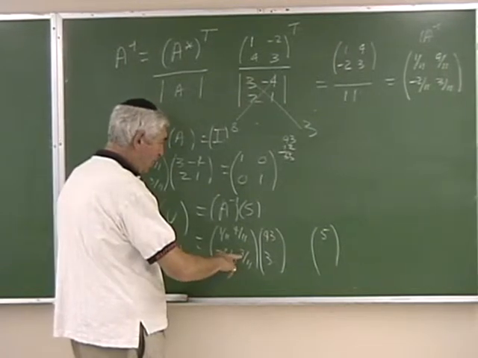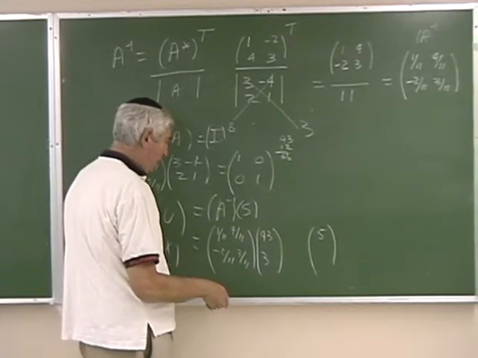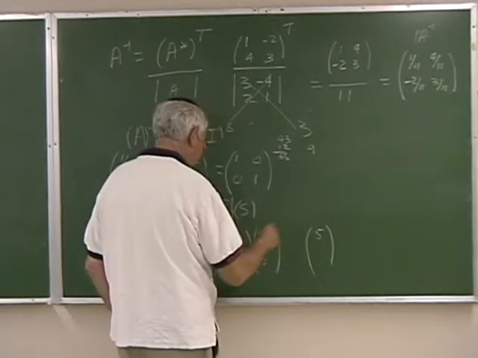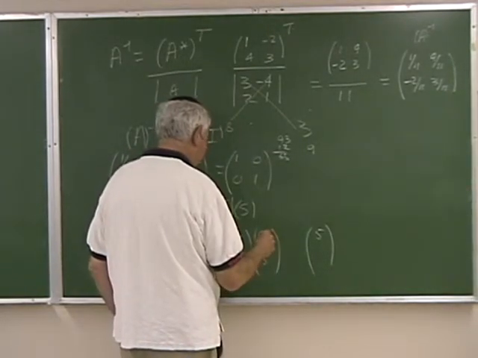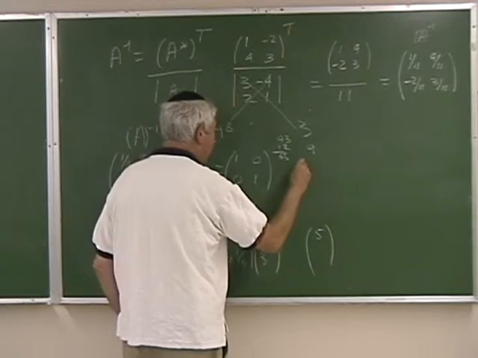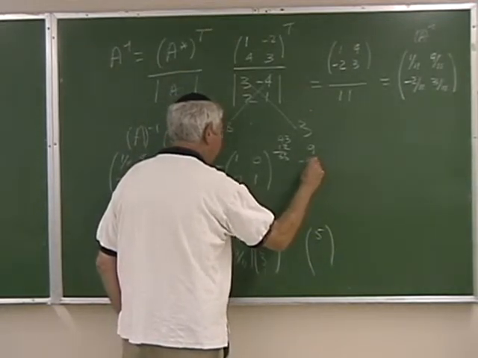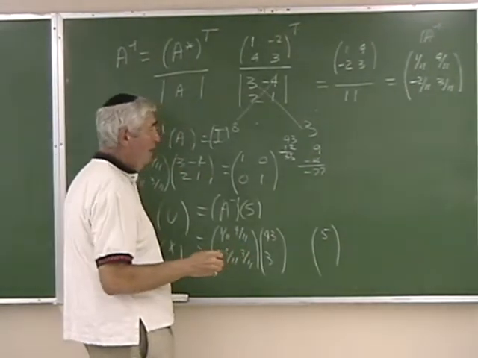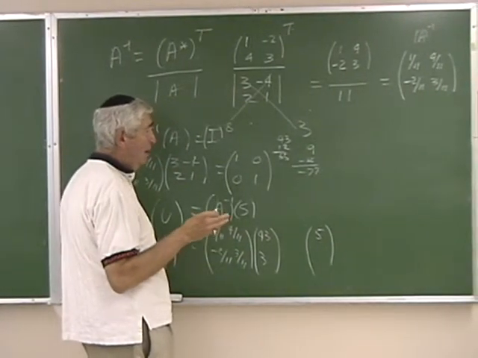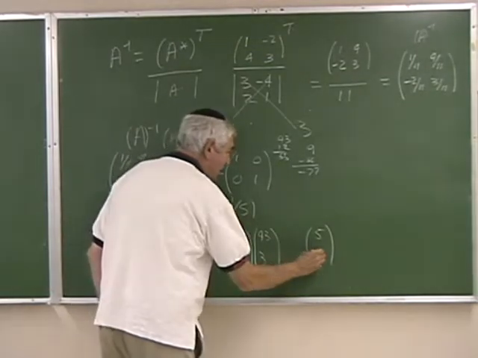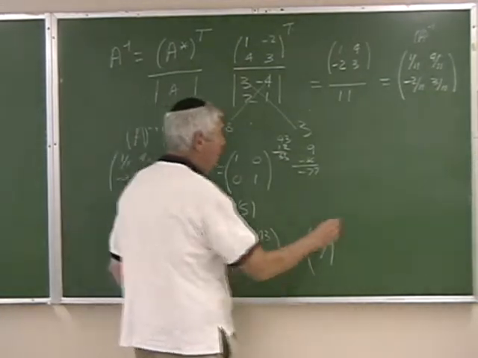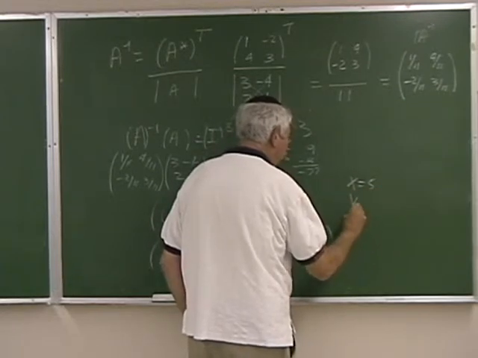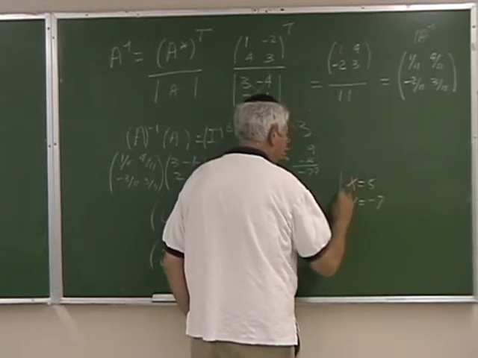Now this: minus 2 times 43 is minus 86, and 3 times 3 is 9. So this is minus 77, and minus 77 divided by 11 is minus 7. So the solution is x equals 5 and y equals minus 7.